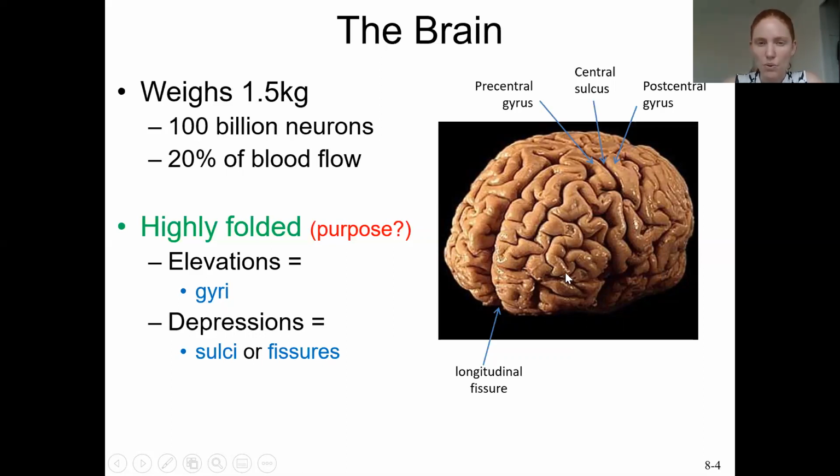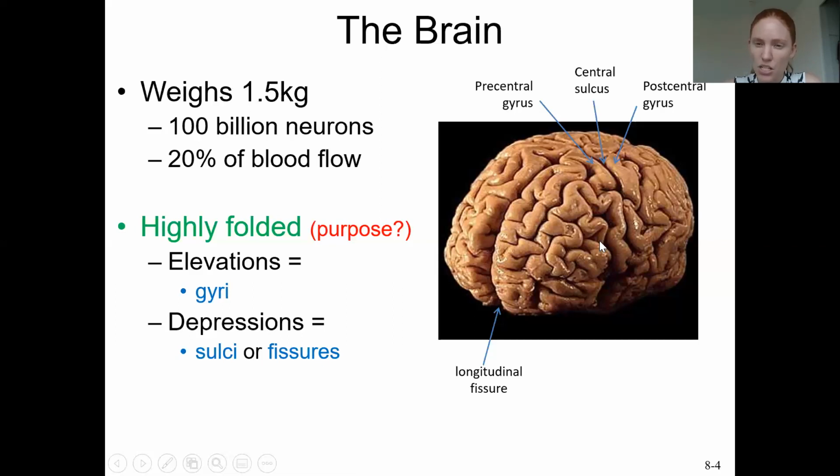Now, looking at the brain, you'll notice that it is very wrinkly. It's very highly folded. The elevations upward are called gyri if it's plural, or gyrus if it's singular. I kind of go back and forth on how I pronounce that. So those are the elevations upward.